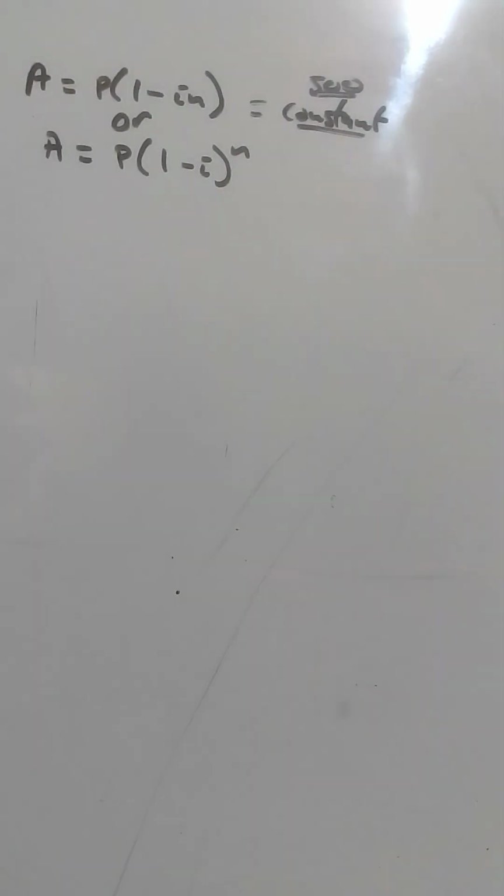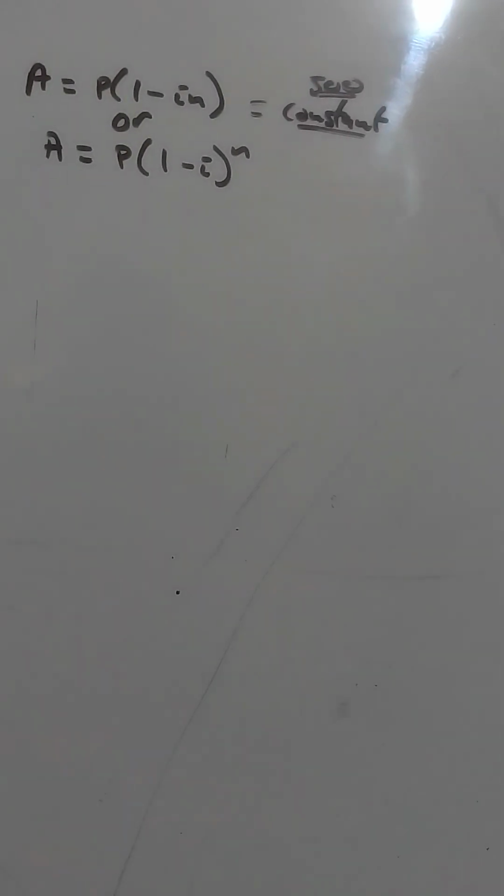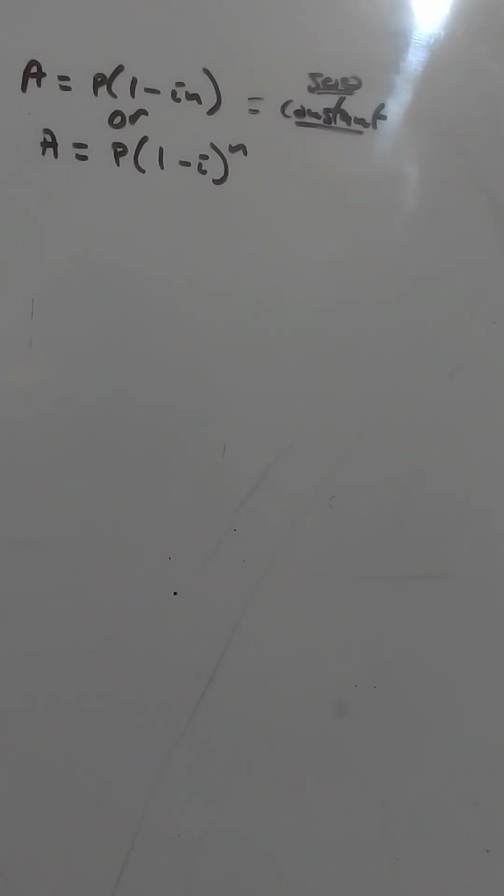However, we can't use this particular method because we can't be certain that a constant number of 500 is the rate at which the bees are declining. So therefore, we now use the reducing balance method, because it's unpredictable. The rate at which these bees are declining is unpredictable. We can't know for sure. So that's why we choose to use the reducing balance method.